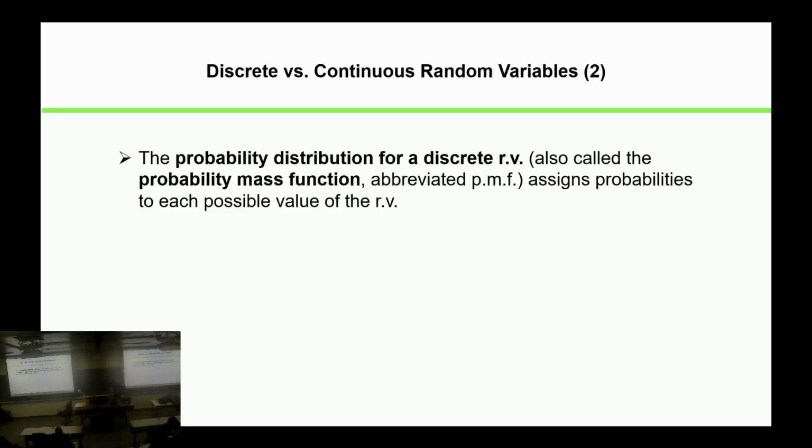Well, that's 0. What's the probability it was 11.32? That's 0. Okay, but it's assigning probabilities to each value of x. And the ones we are typically most concerned with are the ones for which it assigns non-zero probabilities for some values of x.